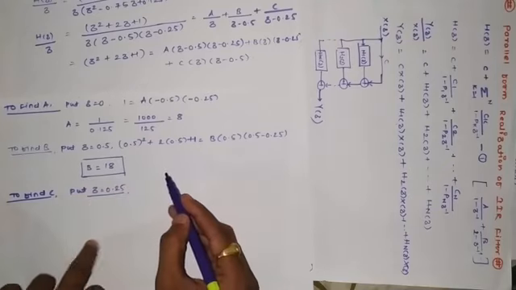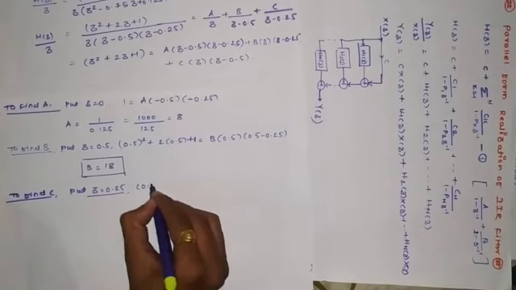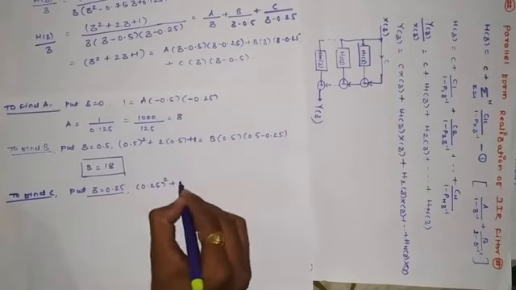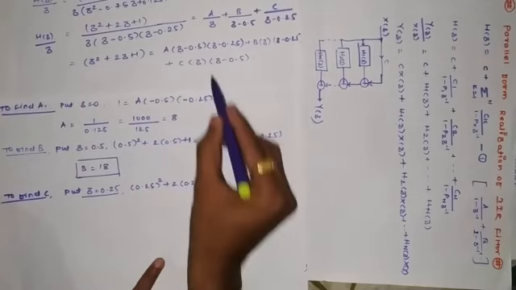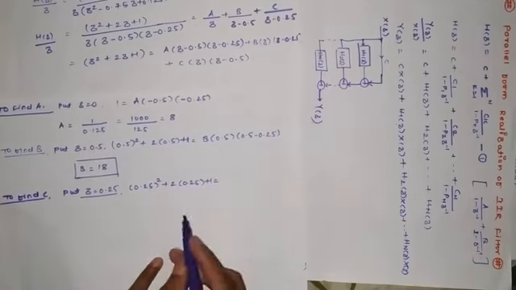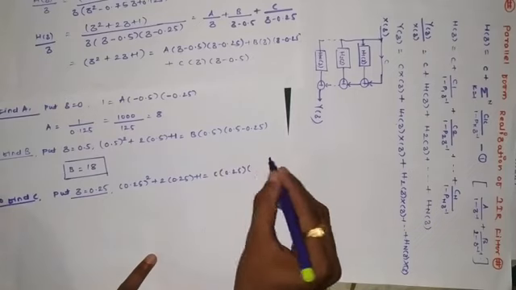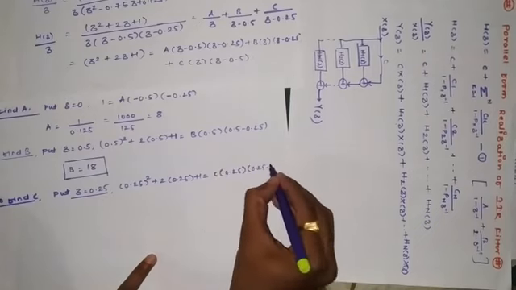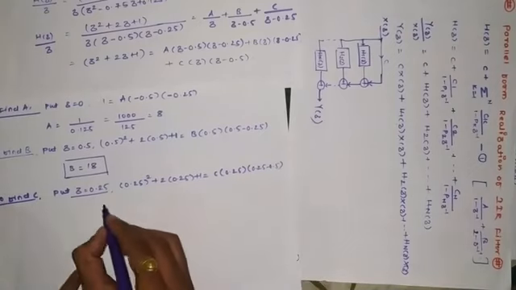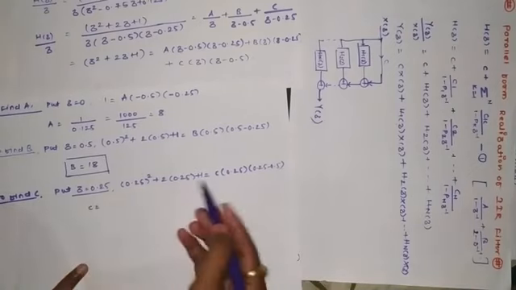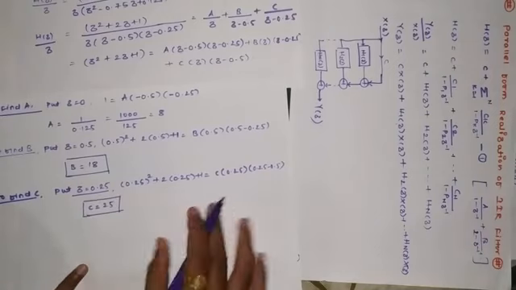Again the same procedure: 0.25 square plus 2 into 0.25 plus 1 is equal to, A and B are going to be 0. We'll come across C only, C into 0.25 into 0.25 minus 0.5. If you simplify those values, we'll get C is equal to 25.